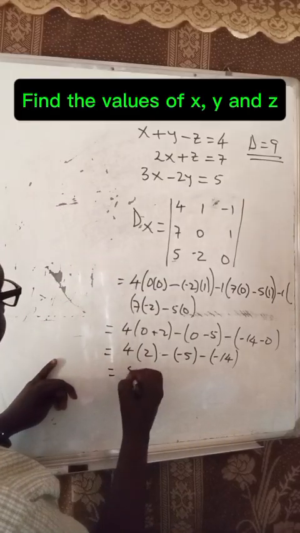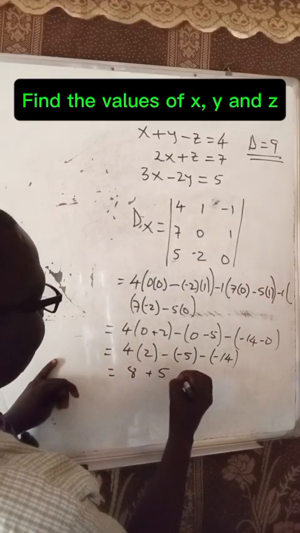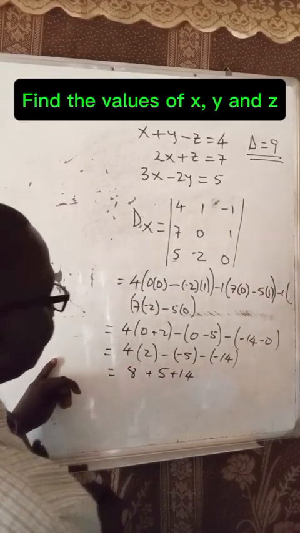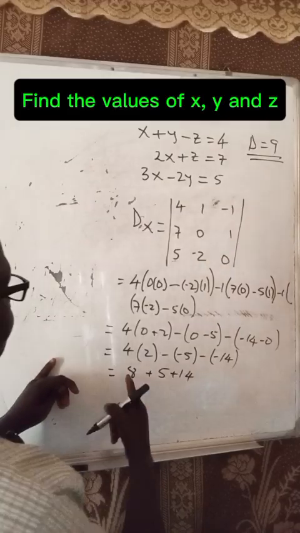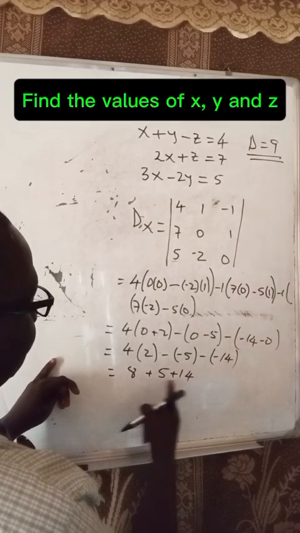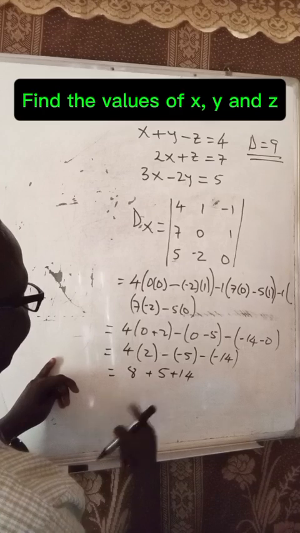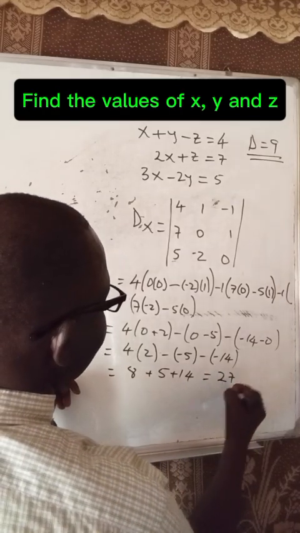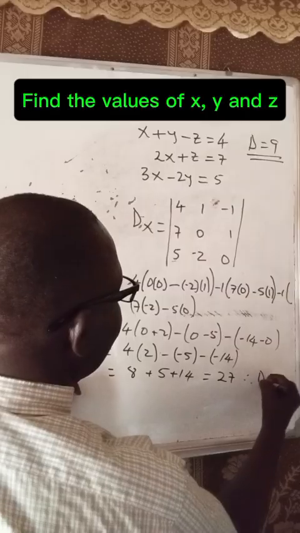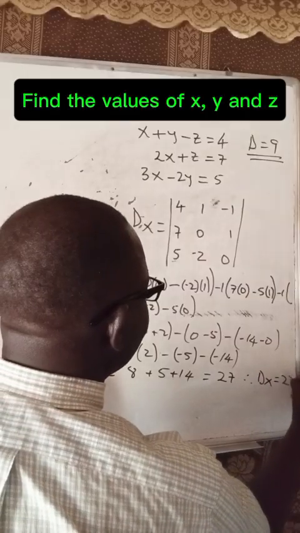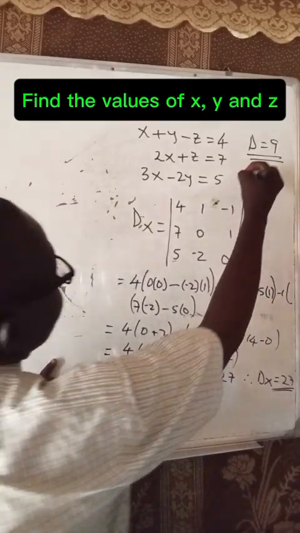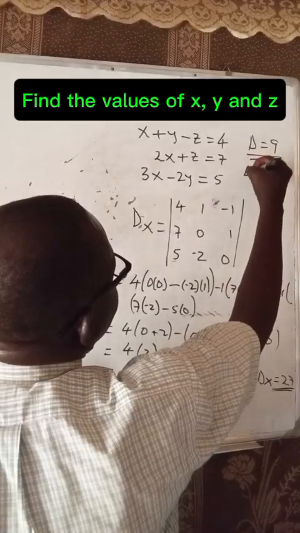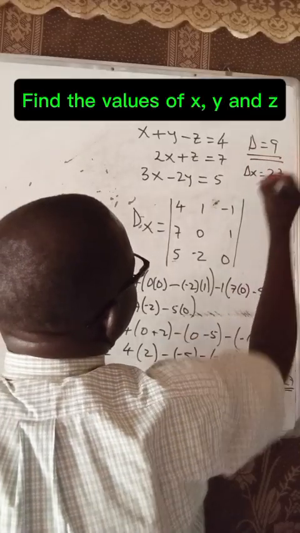And this is equal to 8 plus 5 plus 14, which is 27. Therefore, our determinant along x, Dx, is equal to 27.